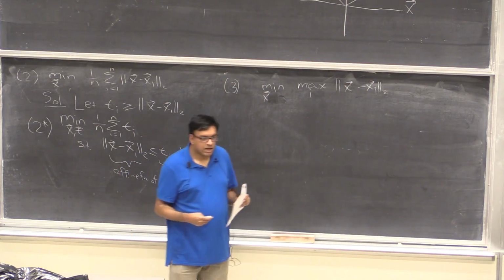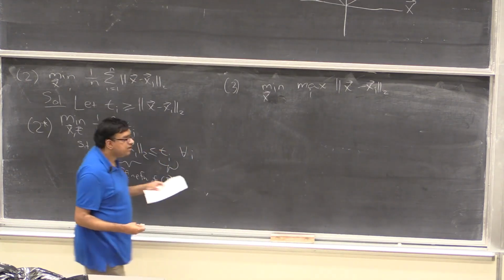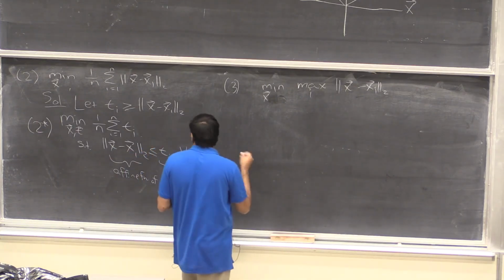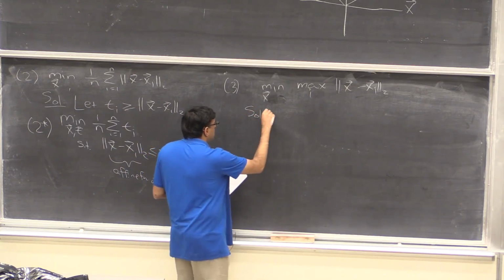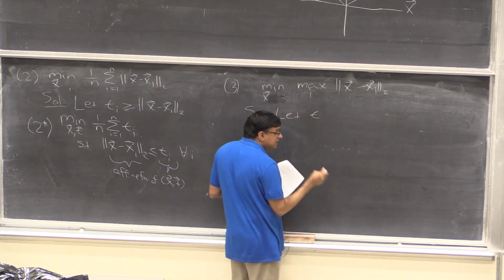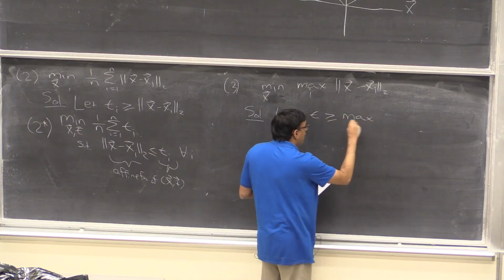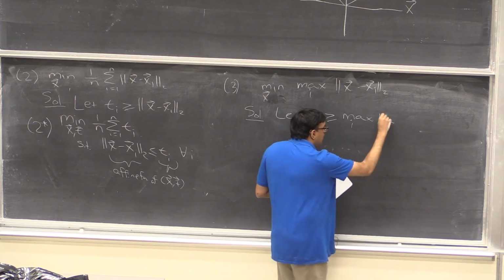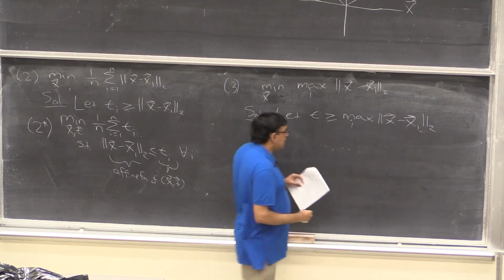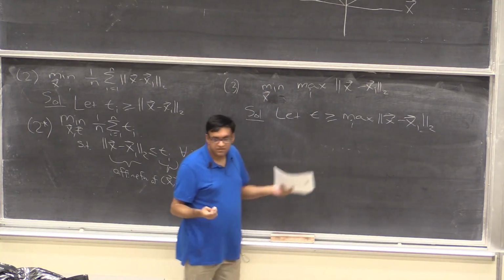Good. So the way to do this is via slack variables again. This time, it's a single variable. Let this variable t be greater than or equal to the max over i of the norm of x minus xi. Because t is greater than or equal to the max, it's greater than or equal to each individual one.